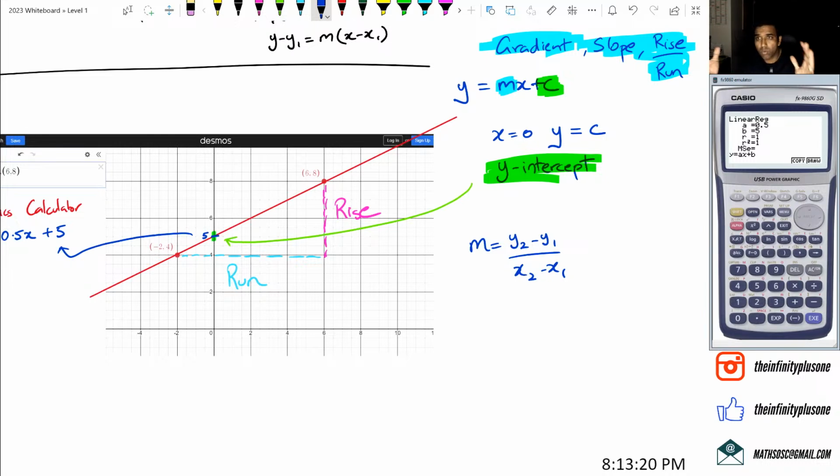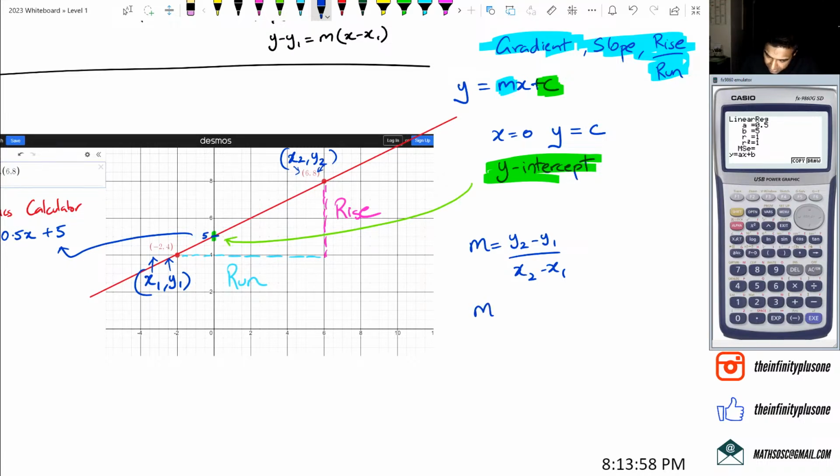Now you might be thinking, whoa, where did this y2, y1, x2, x1 come from? Basically, all it's saying is that x1, y1 is your first point. So if I say this is x1, y1, and this is x2, y2, then x1 tells you for the first point what the x value is, and y1 is for the first point what the y value is. So these letters just match up.